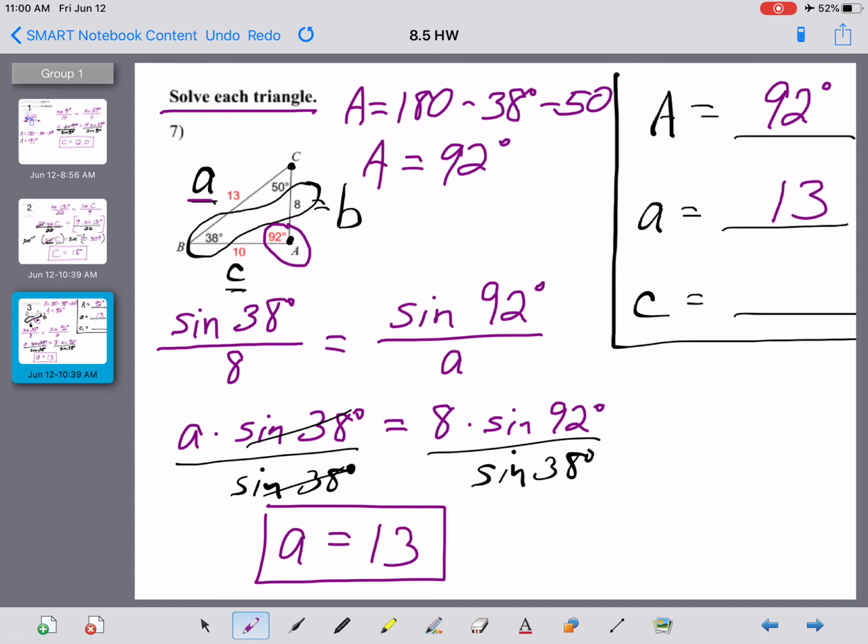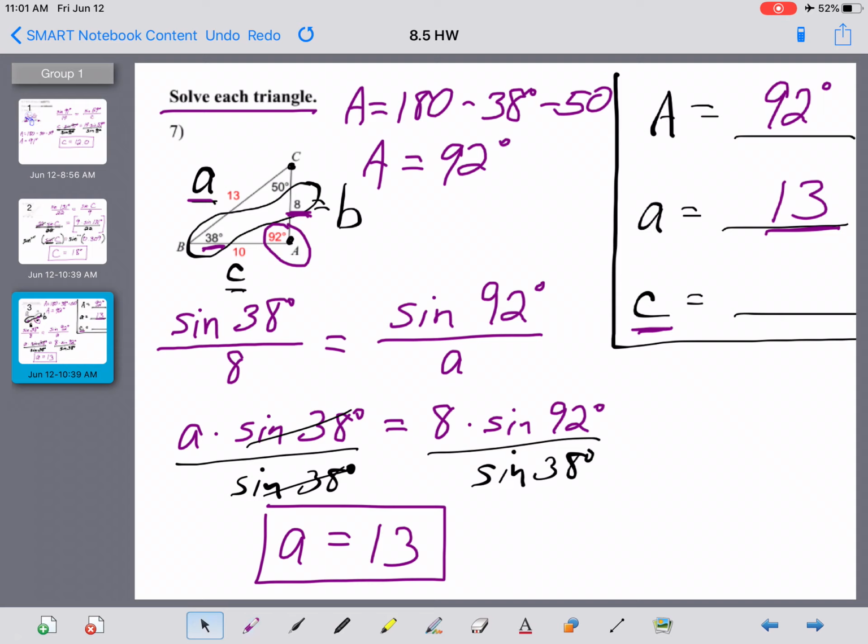So I knew that little a had to be longer than the 8 that we had there for B, and I think our answer seems to make some sense there. Now furthermore, angle B, this 38 degree angle, is the smallest angle in the triangle. So that 8 has to be the shortest side. So if 8's the shortest and 13's the longest, we know that little c right here has to end up being in the middle, somewhere in between 8 and 13. So let's get working on that.